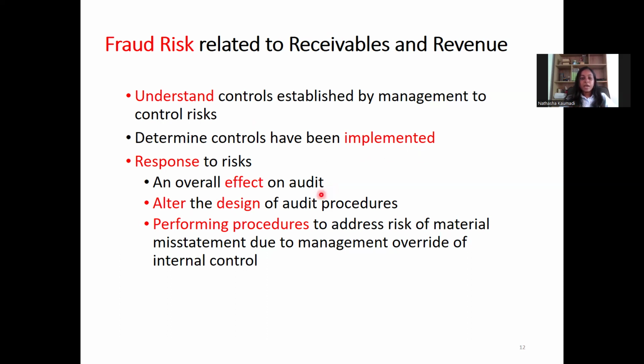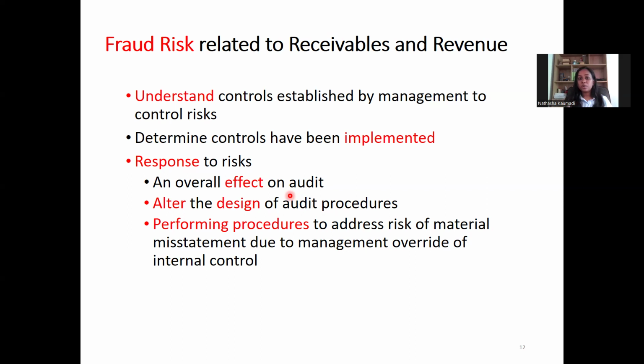Response to risks and overall effect on audit. Alter the design of audit procedures based on the understanding you have taken. You will have to assess what is the overall impact on the audit.